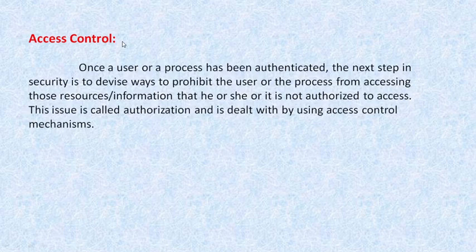So in the previous lecture we have seen about authentication, the procedure in which we identify and verify the authenticity of a user. After the process of authentication, the next step in order to provide security is to prohibit the user or the process from accessing those resources which are unauthorized for the user.